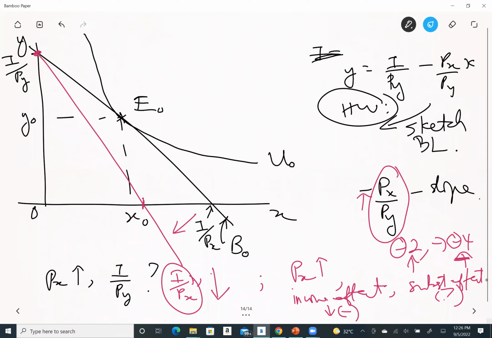So they will move to somewhere here. That is U1. I call this B1. So I have equilibrium somewhere there. That is E1. So I have Y1, I have X1.